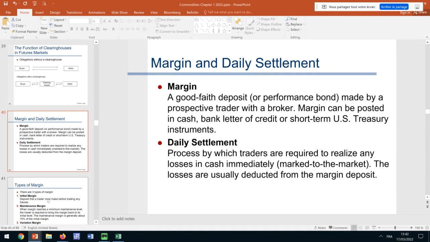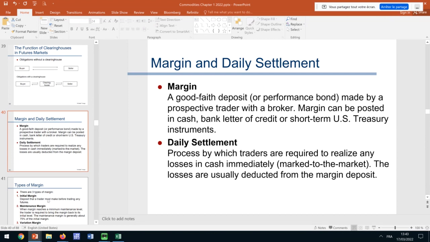Okay, and that by requiring a margin that is sufficiently large compared to the normal price movement in a given day, they can make sure that normally you do not default on your contract, because normally prices don't move a lot in a given day.